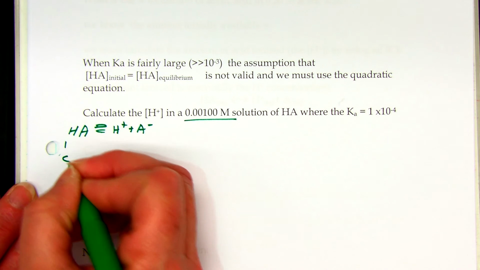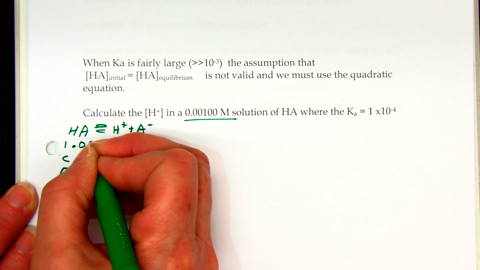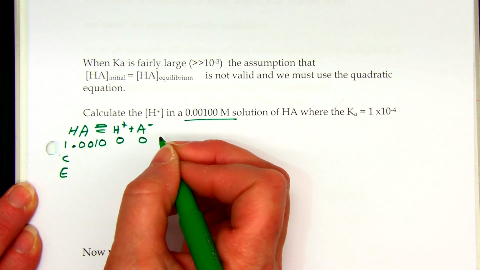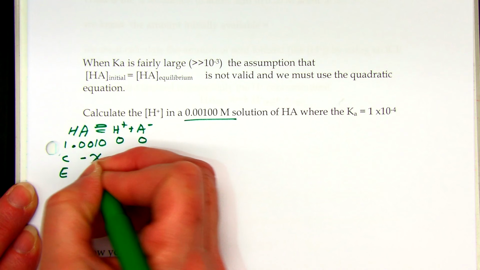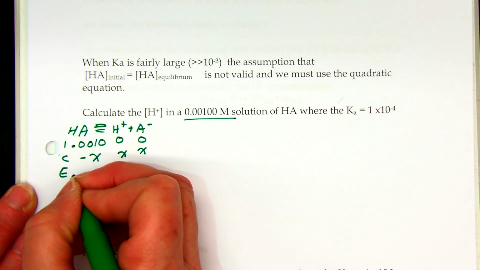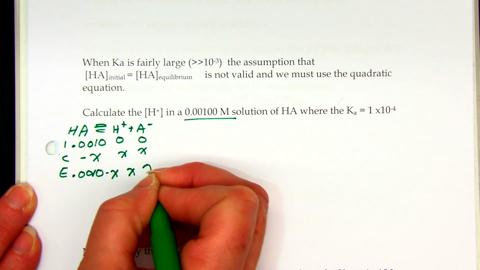We set up our ICE chart. My initial is 0.0010 molar, 0 for H plus and 0 for A minus. I'll go down by X and up by X for the two products.